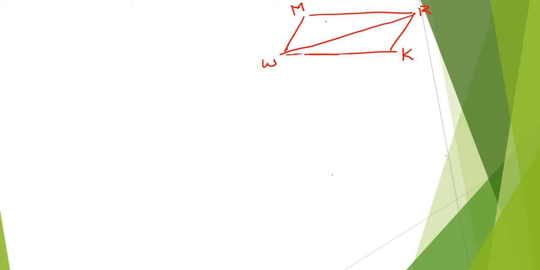So our diagram shows, it's going to look like this, and I'm going to use W, M, R, and K. And I'm going to draw a line through the middle, and I'm going to list these as my givens. Angle M is congruent to angle K.